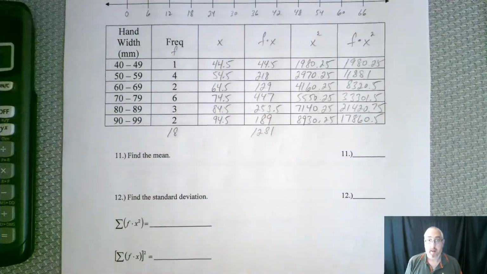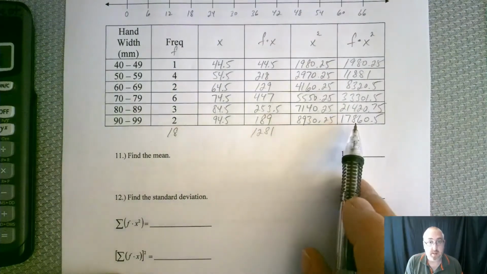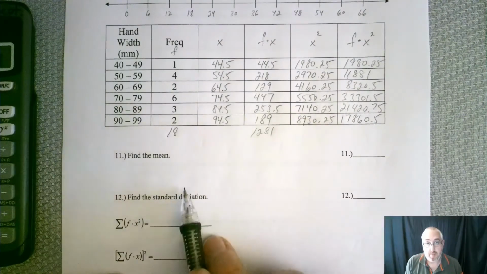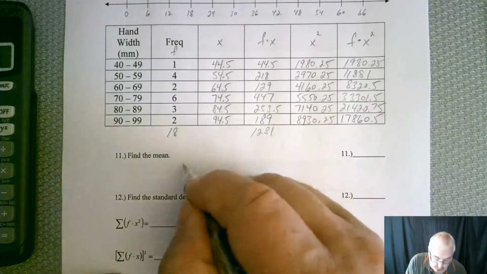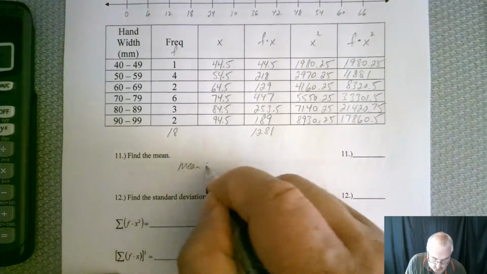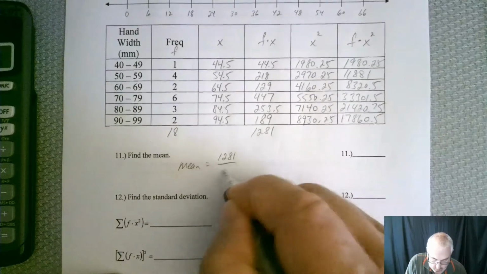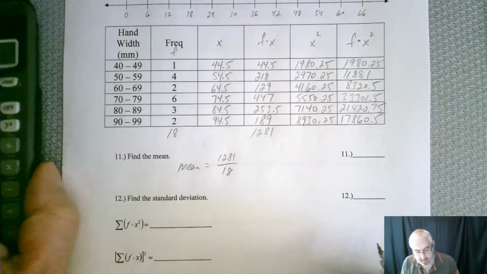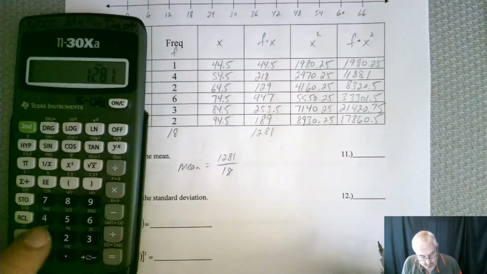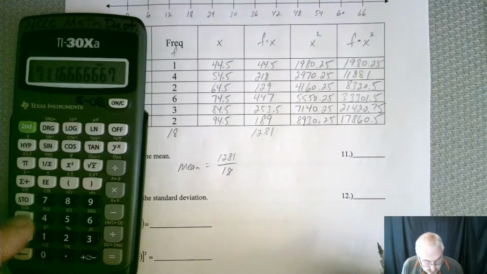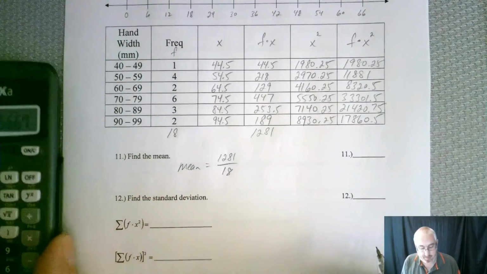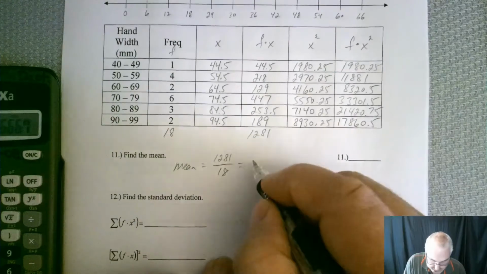All right. Now, again, we don't need this stuff to answer the mean question. So we just need these two values, and we're really home free at this point. So if we divide that by 18, we get 71.1666.